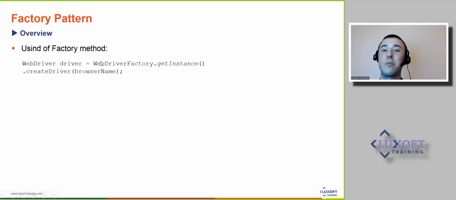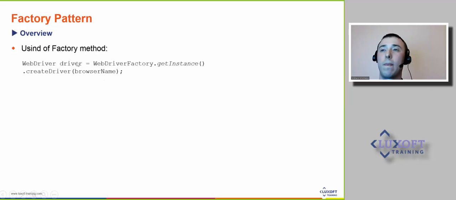In this example, our WebDriver factory is written using the Singleton pattern, so we just invoke the get instance method, and then we invoke the create driver method. The create driver method itself uses the factory pattern, and we send our browser name as a parameter.